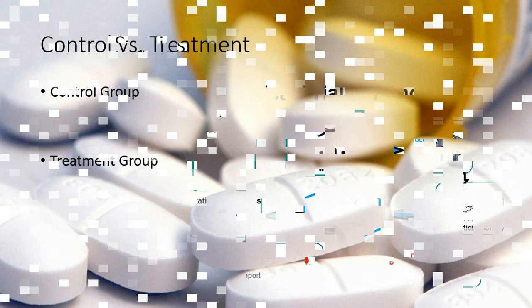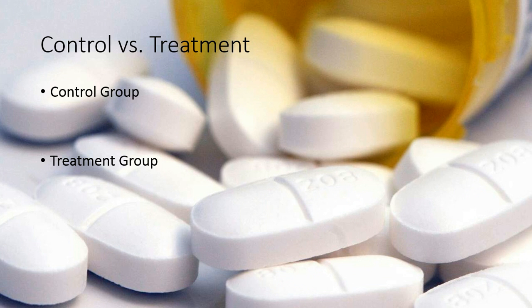Now, there's certain things inside a clinical study that we have. So, a control group and a treatment group are what's in almost every single clinical study. You're trying to test something, or you're trying to treat a disease. You have a group that's treated, and then you have another group that's not touched. All right. The control group is the group that is not touched.